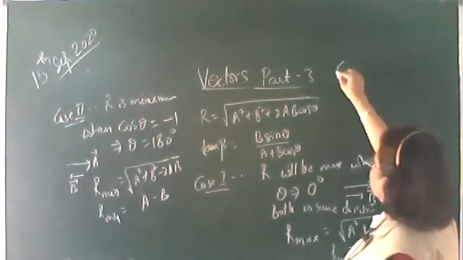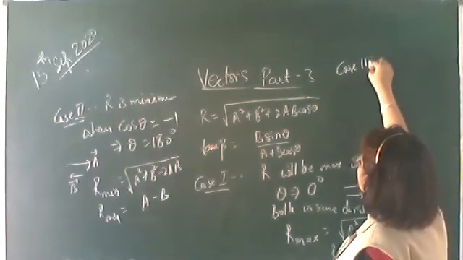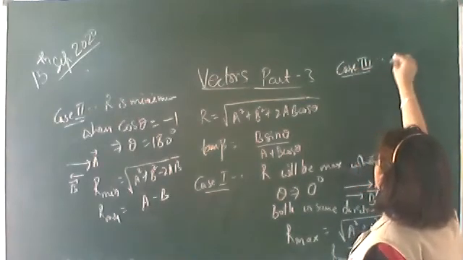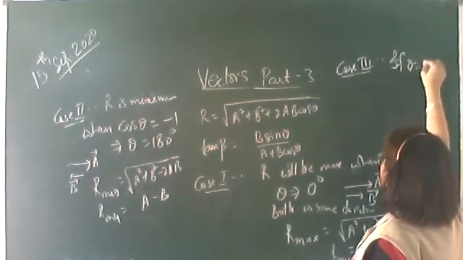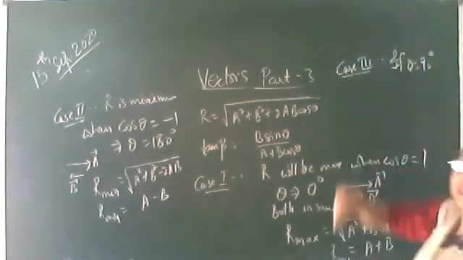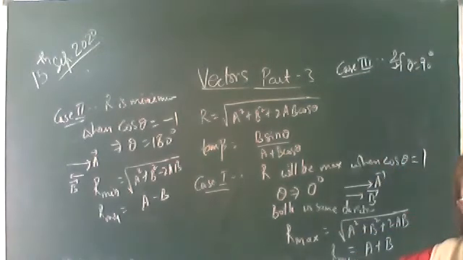One more case here we'll consider. If the angle between the two vectors is 90 degree. If theta is equal to 90 degree, what will be the resultant? Cos 90 is 0.